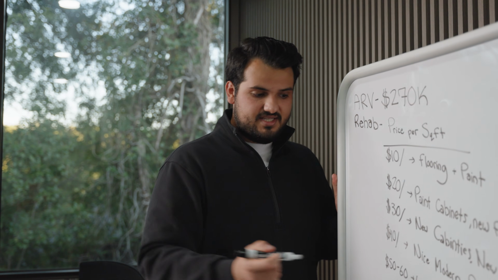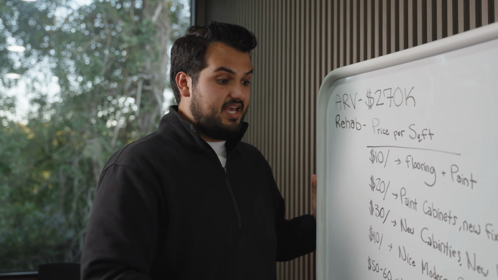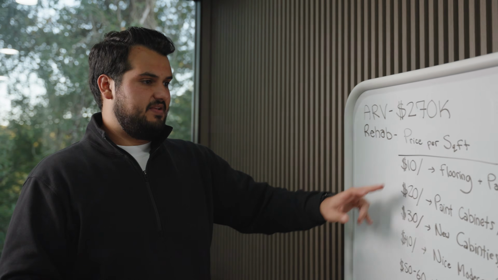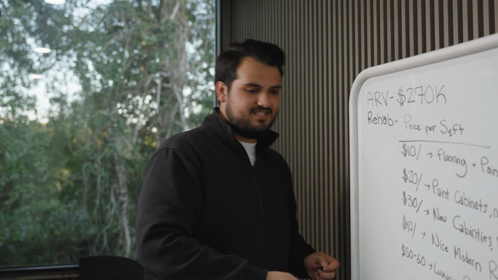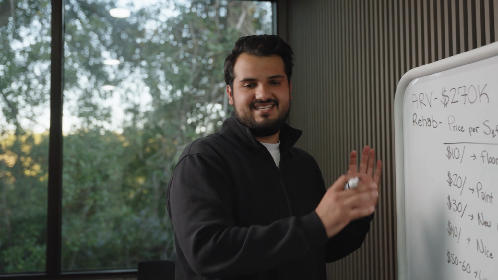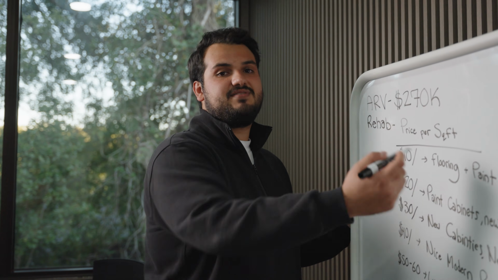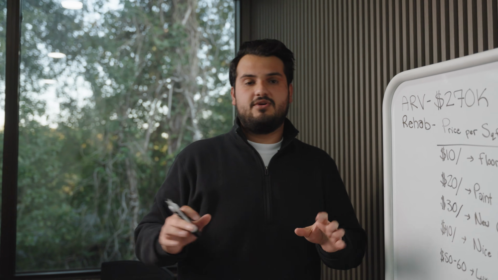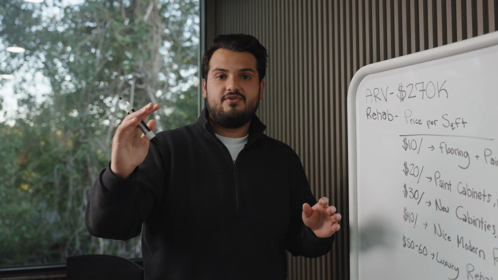If everything around it has a nice modern rehab, well, guess what? I'm gonna have to do a nice modern rehab. If everything around it has a flooring and paint rehab, where it's not new quartz, not new cabinets, just new flooring and paint, well, guess what? That's what I'm gonna have to do to match the average. I don't wanna be an outlier in any market. I don't wanna be the house that sells for the most. I wanna be the average, right?